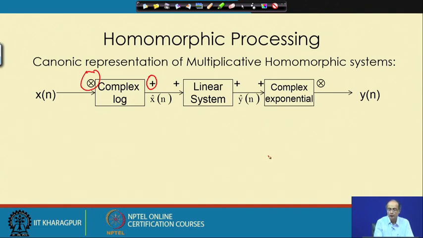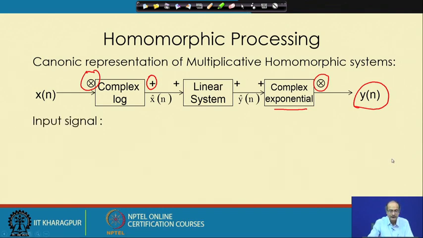Again we have to go back to the original domain. So, we apply a complex exponential and go back to that original domain, we get the answer y n, and there again the operator cross comes into play. Okay. So, that is the way it works, and let us now go step by step through it.